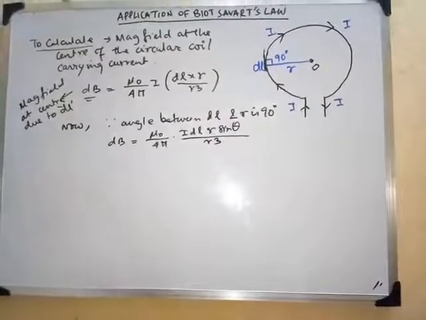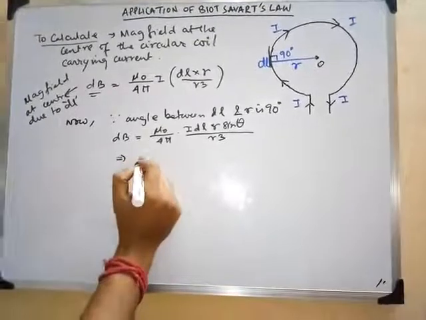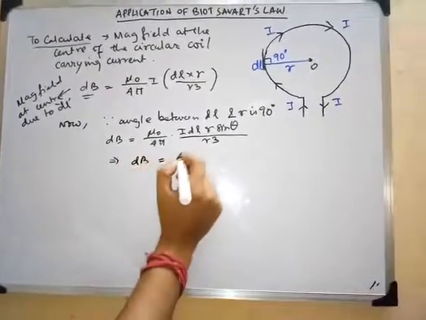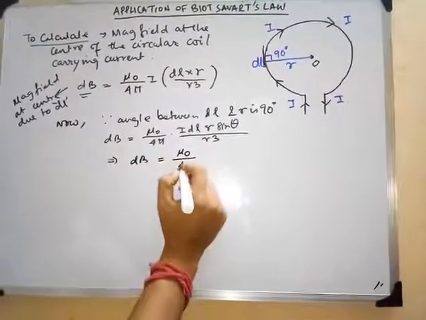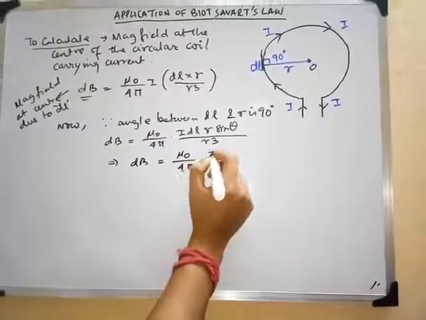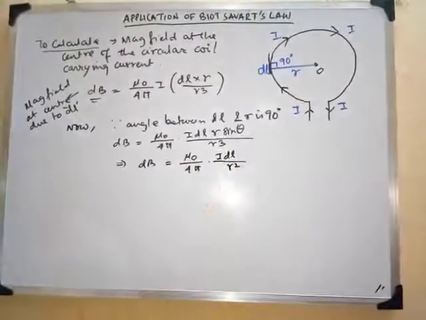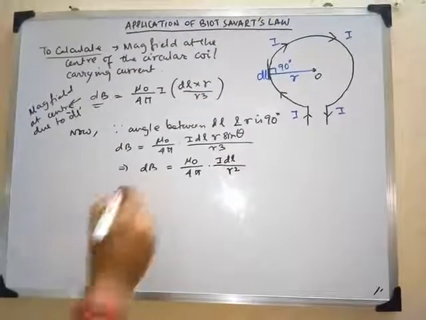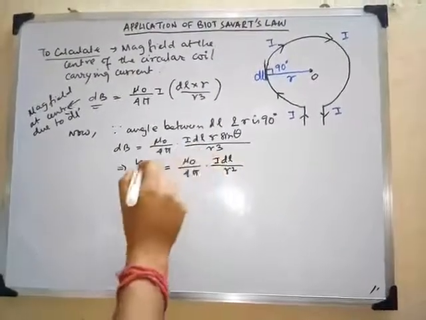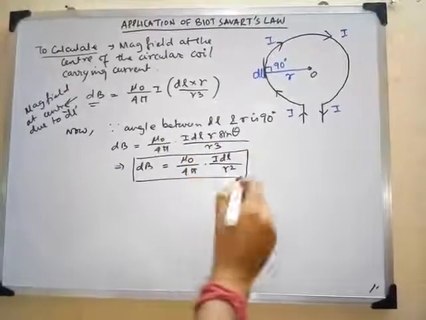So from here, the expression of dB is equal to mu naught by 4 pi into I dl by r square, right? So this is the expression for the elemental magnetic field dB, right?